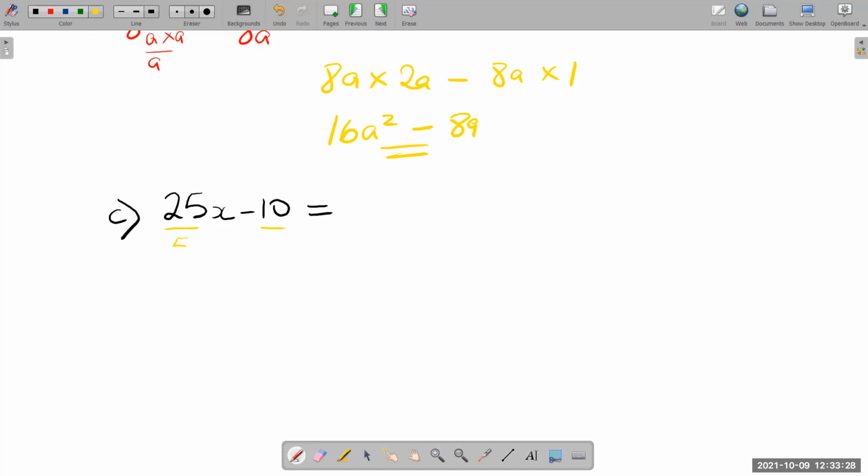That means I need to divide both numbers by 5. Dividing both numbers by 5 suggests what? 5 would be placed outside the bracket. Is there anything else in common here? Nope. So you open the bracket.